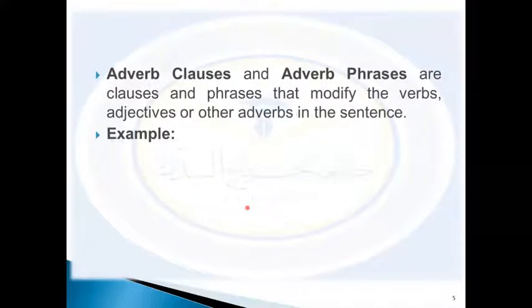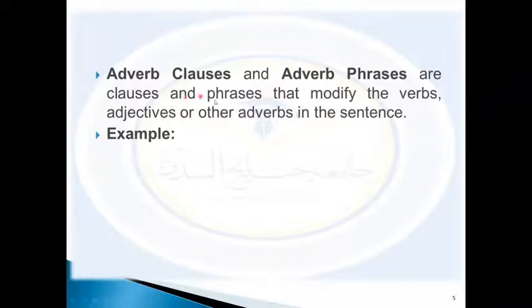We can say also there is some type of adverbs, okay, which is known as what? Adverb clauses. And also we have adverb phrases. Adverb clauses and adverb phrases are clauses and phrases that modify the verb or the verbs, adjectives, or other adverbs.